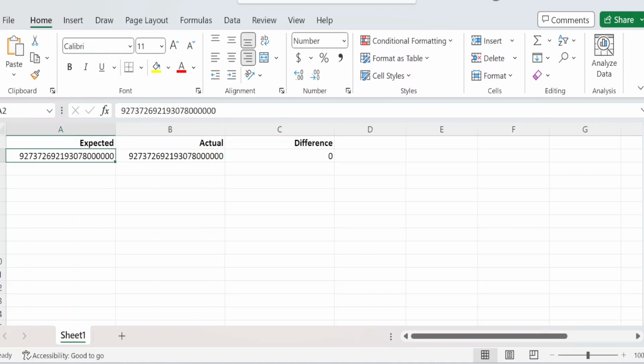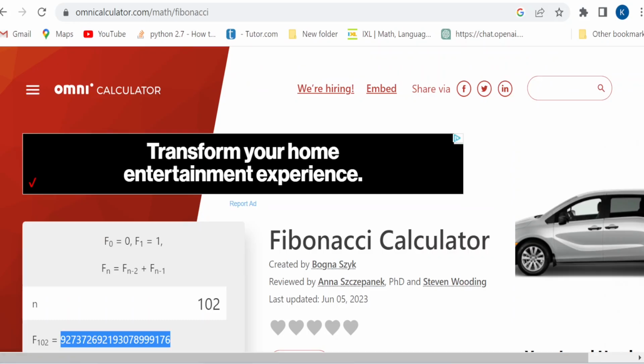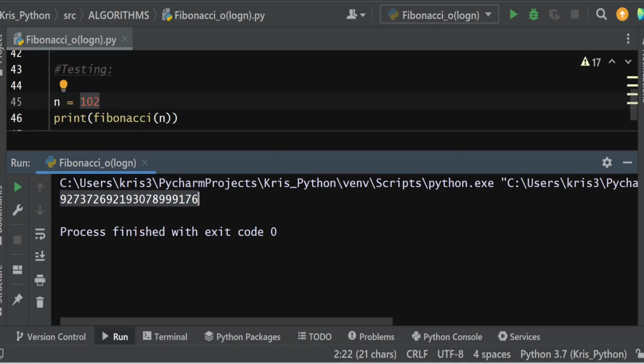There's some rounding going on here, but it looks correct.